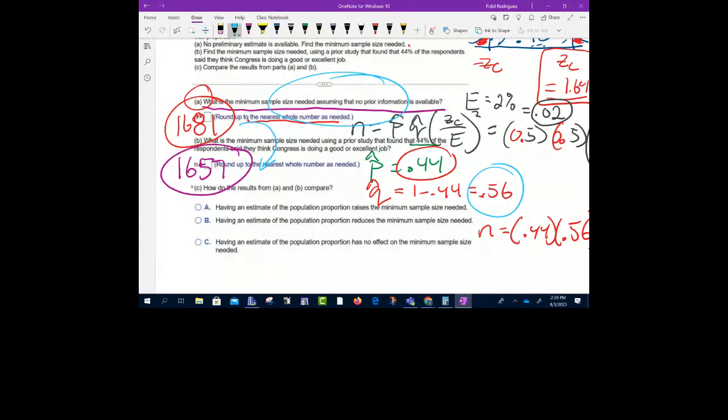We went down. So if it goes down, that means it's reducing the size, right? That's really all we're looking at. So if we don't have a point estimate, my minimum sample size is going to be bigger. But once we find a point estimate, it should reduce it down.